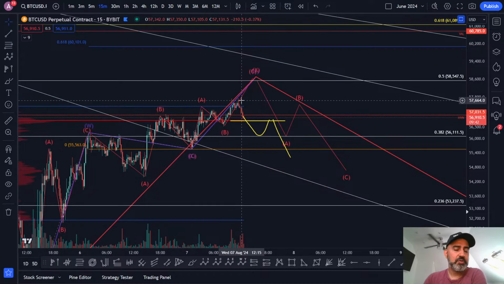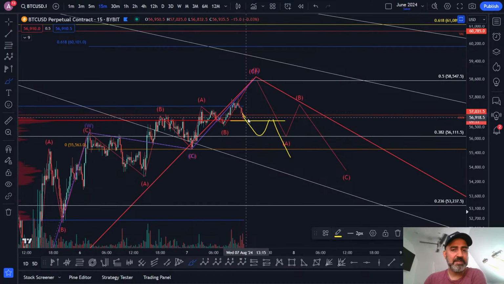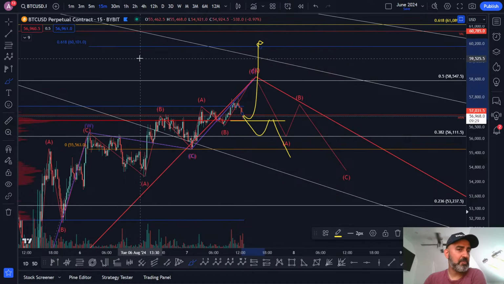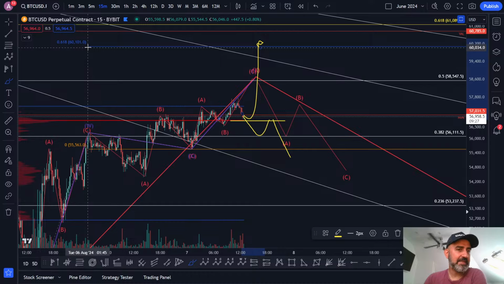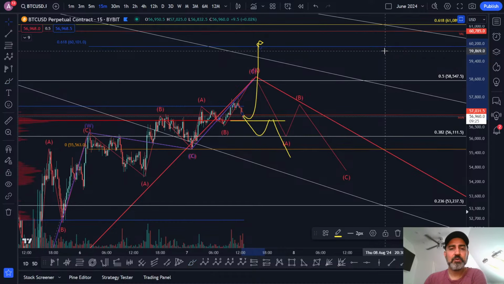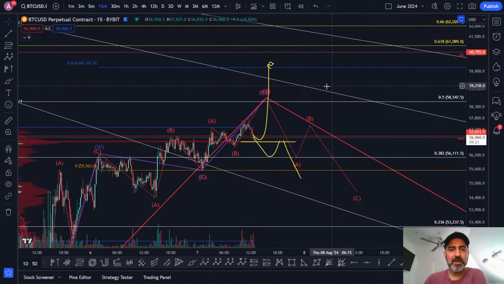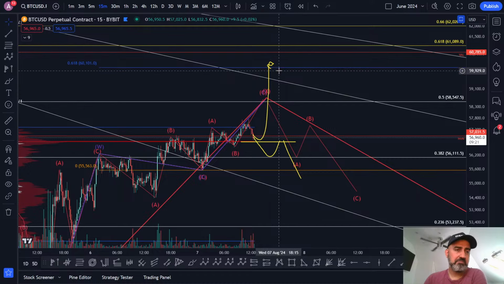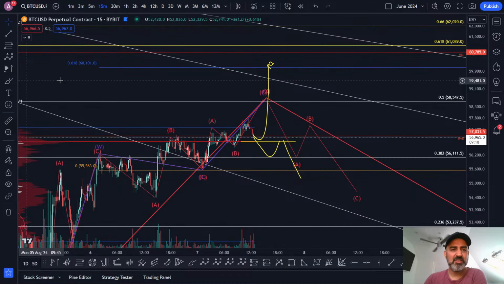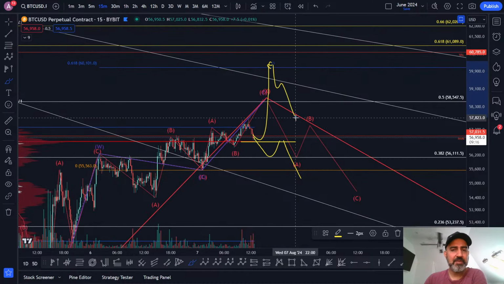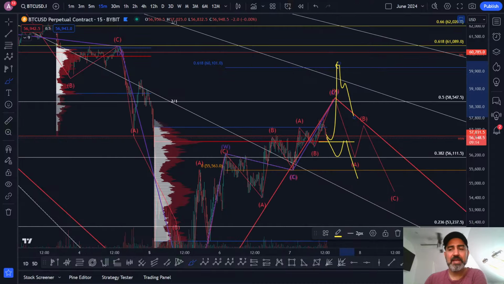That's true. So it is possible that this is the final corrective stage, and then we're going to get the last move. It'll feel impulsive, and then you go straight up to your area of interest. So Marve, the 618 that I have here is 60k 101. If you're looking for that, that would take us above this GAN 3-1, and then you just want to see a rejection, lose the GAN 3-1, and we want to start heading down.